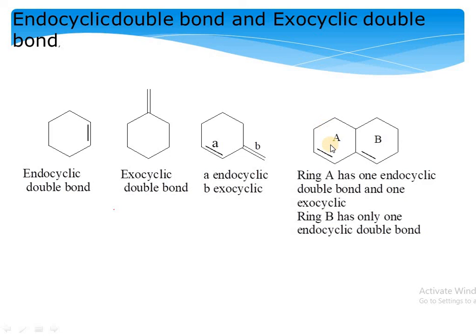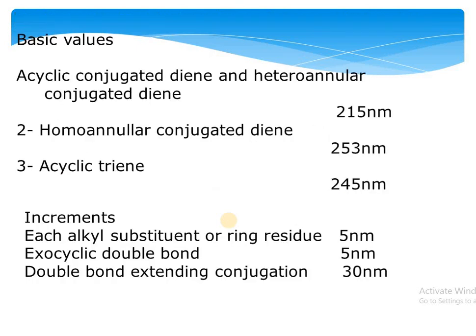So ring A has one endocyclic double bond and one exocyclic double bond, and ring B has one endocyclic double bond only because this is present inside this ring. So we can now easily differentiate whether a double bond is endocyclic or exocyclic.